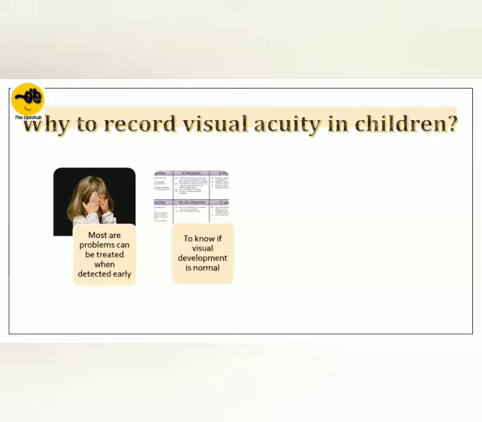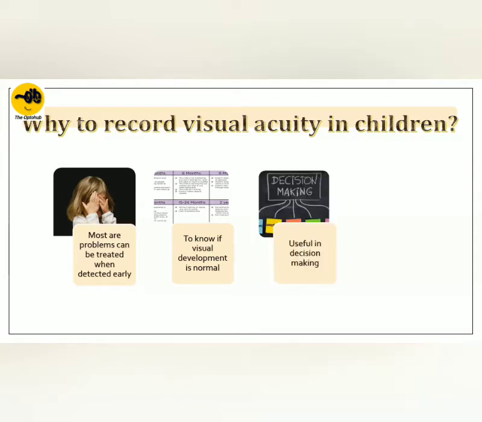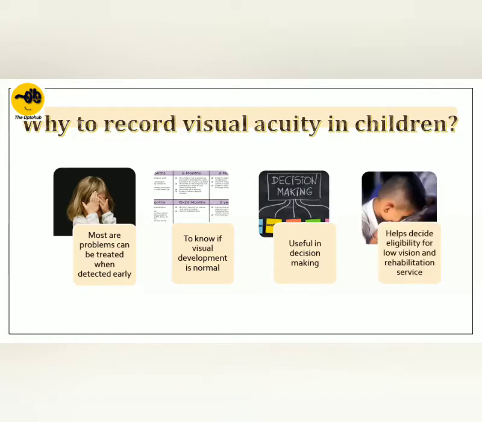Next is if we know the visual development, whether it is normal or not. Next, all of this becomes useful in decision making. And अगर कोई low vision का child है तो it is very easy to decide what all rehab that child will be needing.